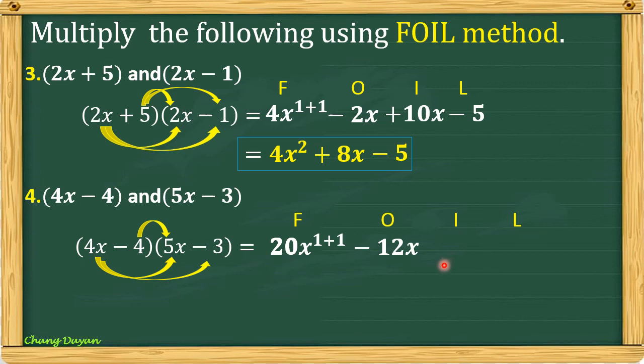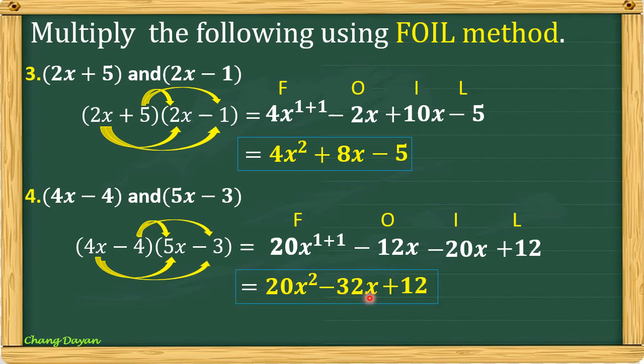Negative 4 times positive 5x is negative 20x. Then multiply the last terms, which are negative 4 and negative 3. And we'll get positive 12. They have the same sign, and when you multiply same sign, the product is positive. Simplifying this, we'll have 20x squared minus 32x plus 12. Therefore, our answer is 20x squared minus 32x plus 12.